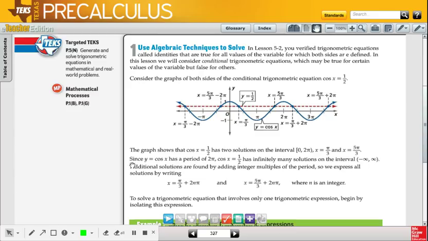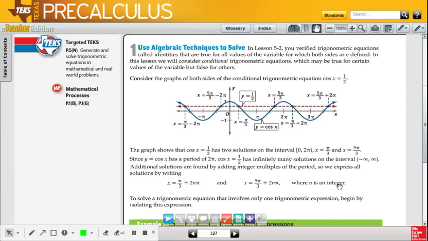So right here it says, since y equals cosine x has a period of 2 pi, cosine x equal to 1/2 has infinitely many solutions on the interval negative infinity to infinity, which I stated before. The additional solutions are found by adding integer multiples of the period, so we express all solutions by writing x equals pi over 3 plus 2n pi, and x equals 5 pi over 3 plus 2n pi, where n is an integer.